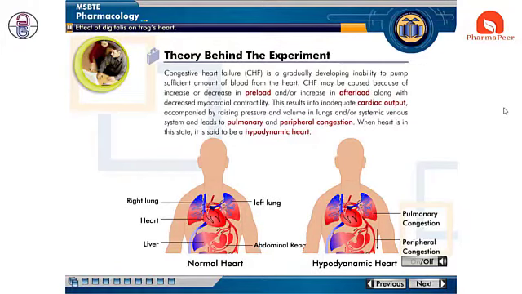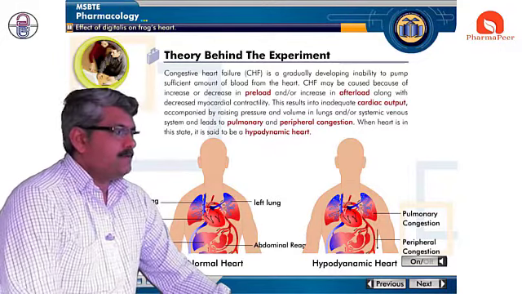This results in inadequate cardiac output accompanied by rising pressure and volume in the lung and or systemic venous system, and leads to pulmonary and peripheral congestion. When the heart is in this state, it is said to be a hypodynamic heart. So this is the first theory behind it.